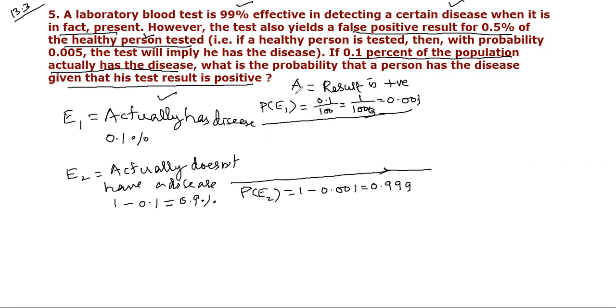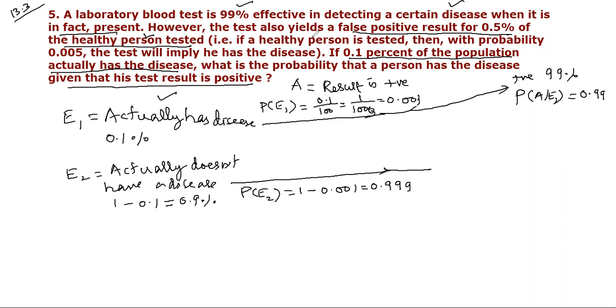So when the disease is in fact present, 99% give positive results. Because it is given, the probability that they have the disease and their test is positive is 99%, that is 0.99. Got it?